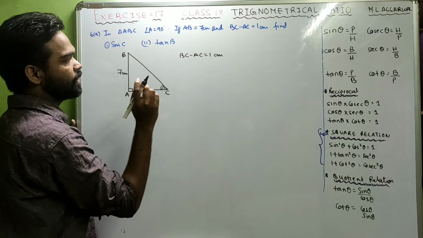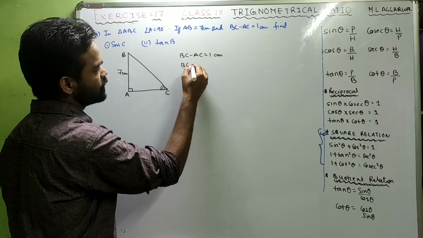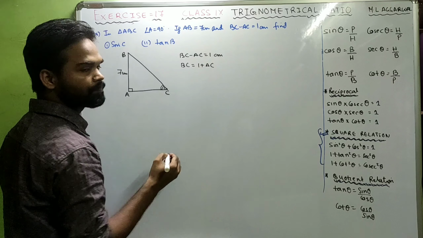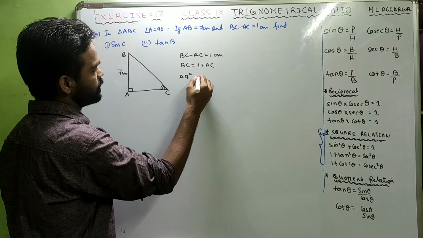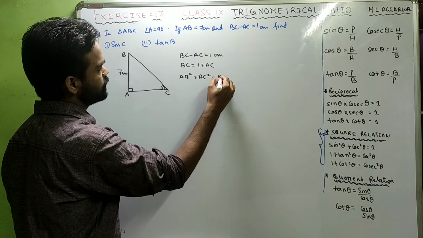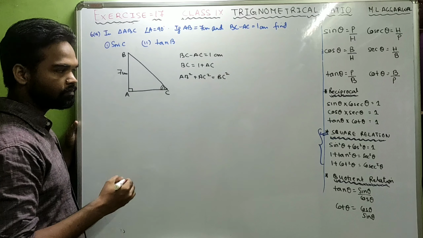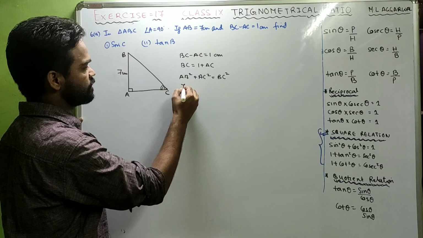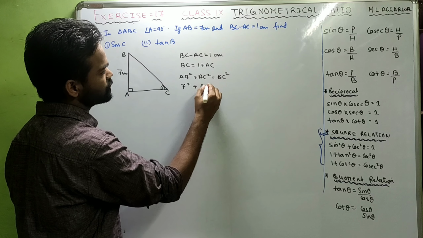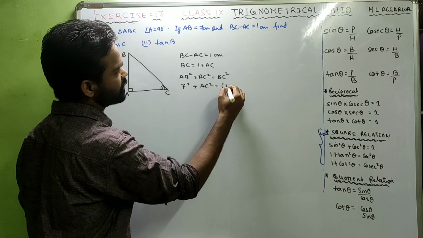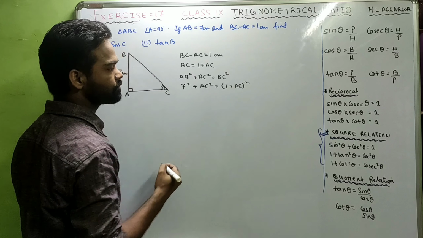First, we'll use Pythagoras theorem. Now I can say BC equals 1 plus AC. Now Pythagoras theorem says perpendicular square plus the base square is equal to hypotenuse square. Now AB is 7. So 7 square plus AC square equals, instead of BC I can write, 1 plus AC whole square.